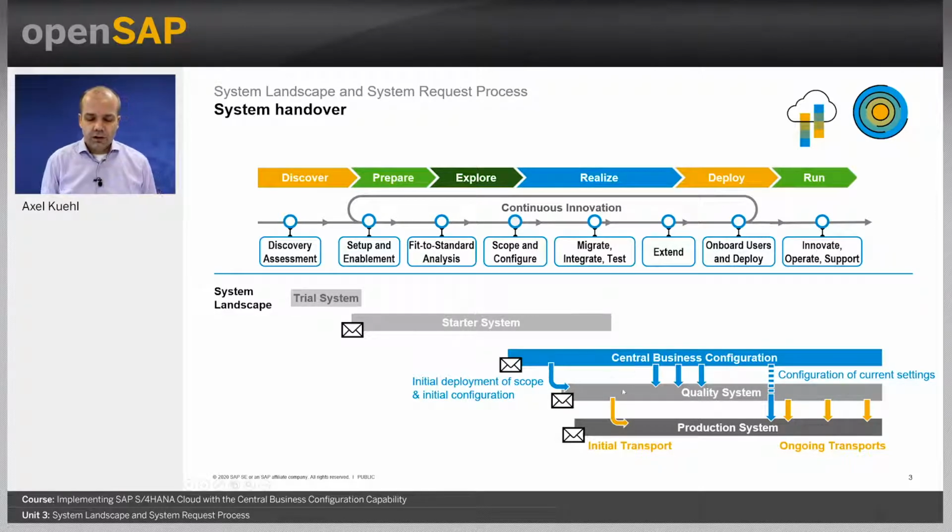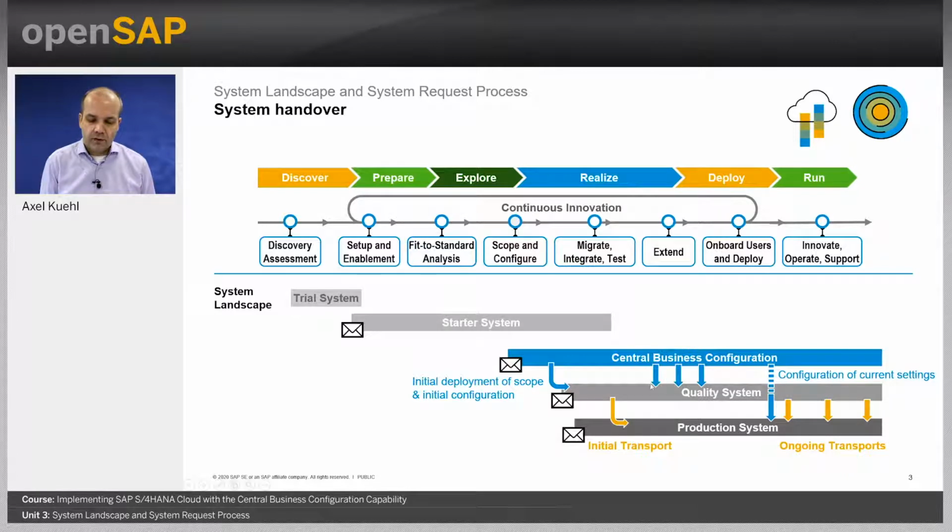The quality system is then handed over to the customer again via handover mails. This is the same process as before. All the configuration changes which were done in central business configuration are now transported automatically to the quality system. And with our new activation engine, these configuration changes are written into the customizing table of the quality system.